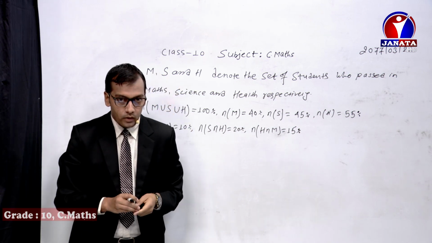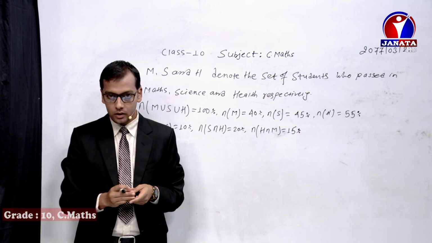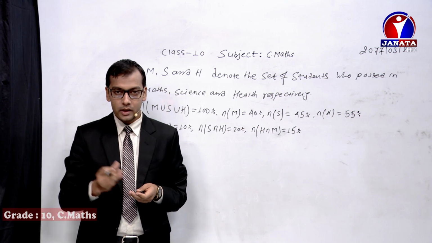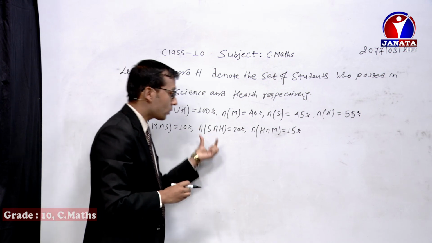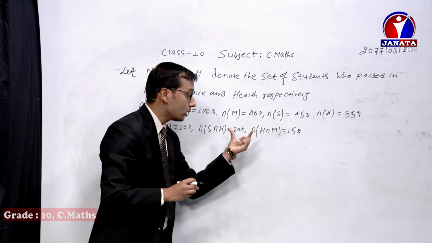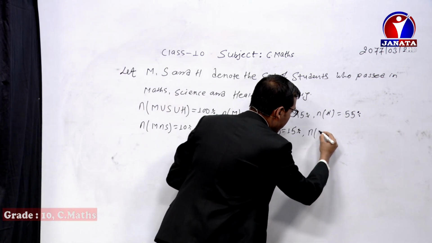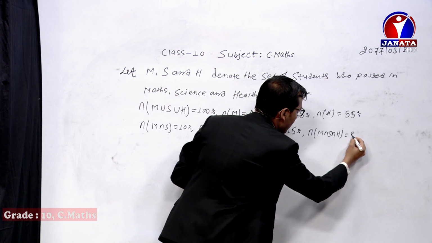In fact, to solve a question based on two or three subsets, there are two methods which we are discussing. One is called the Venn diagram process, and the next is the formula method. Here in this question, I am using the formula to find the intersection of all three subsets. So what is asked? n of math intersection science intersection health is what?